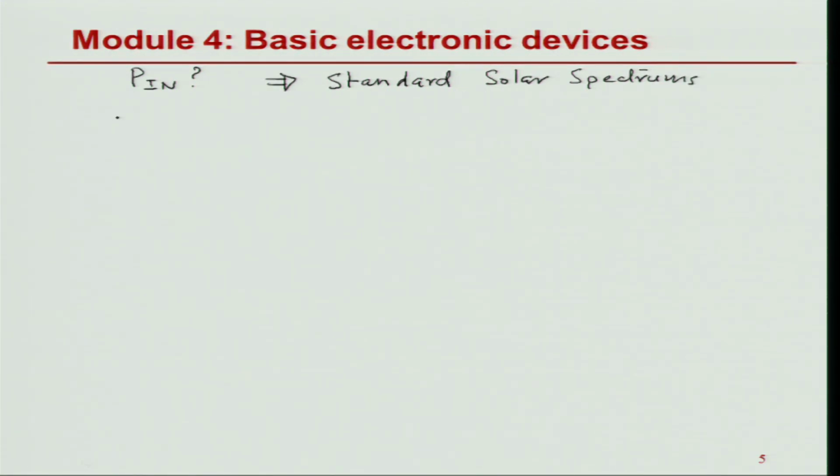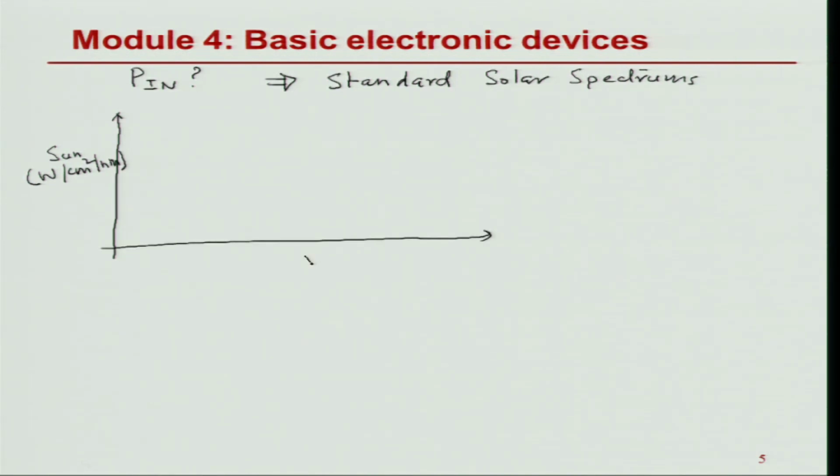And general nature of this spectrum is such that if I plot the sun power in terms of watt per centimeter square per nanometer as a function of lambda, and this ranges almost from 250 to close to 3000 nanometer, and we know the visible range is between 300 to 700 nanometer.